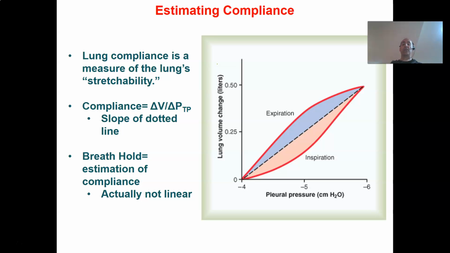The thinner rubber band has a high compliance, high stretchability, and its recoil, its ability to go back to its original shape, is not as great. So compliance is the change in volume over the change in pressure. In this case, it's transpulmonary pressure that we're going to use, which is the slope of the dotted line.